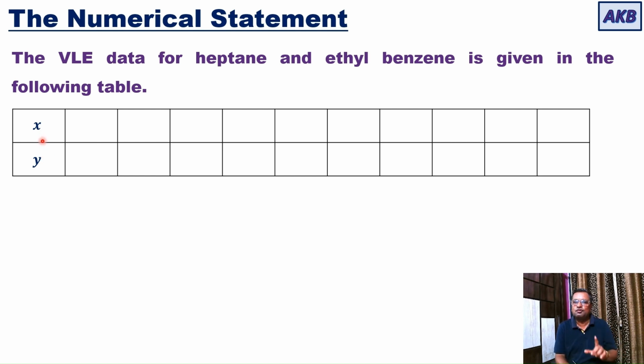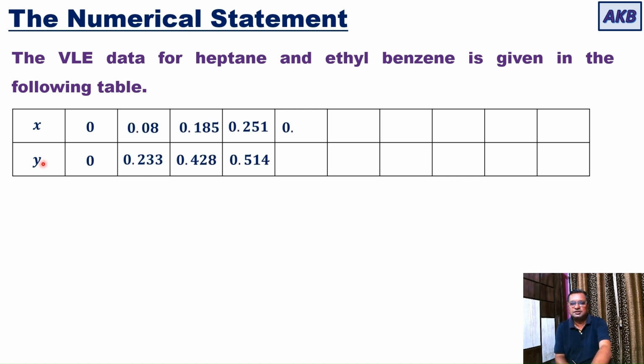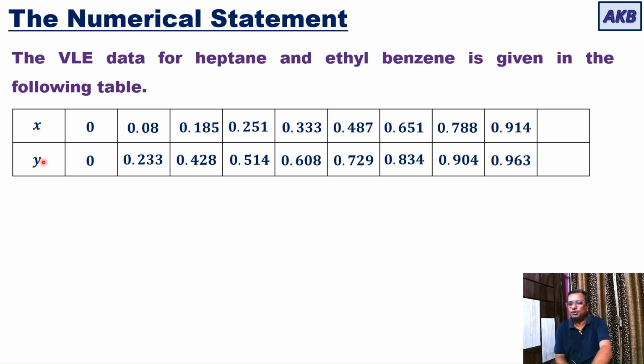So X is the mole fraction of heptane in the liquid phase, Y is the mole fraction of heptane in the vapor phase. And these X and Y values are provided to us, and we are going to use this in our solution.